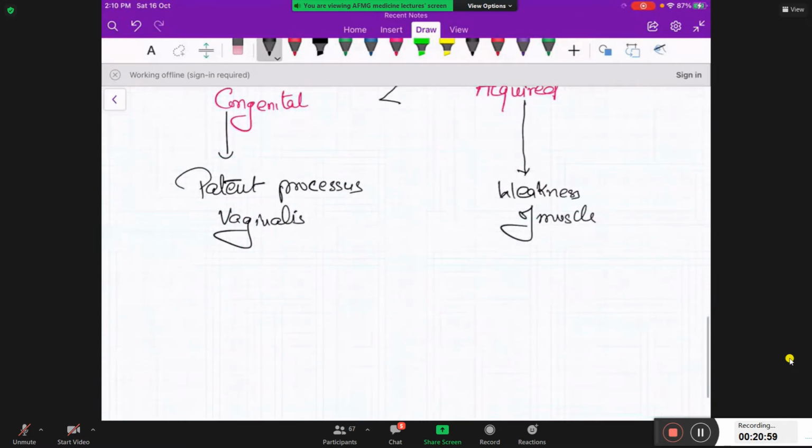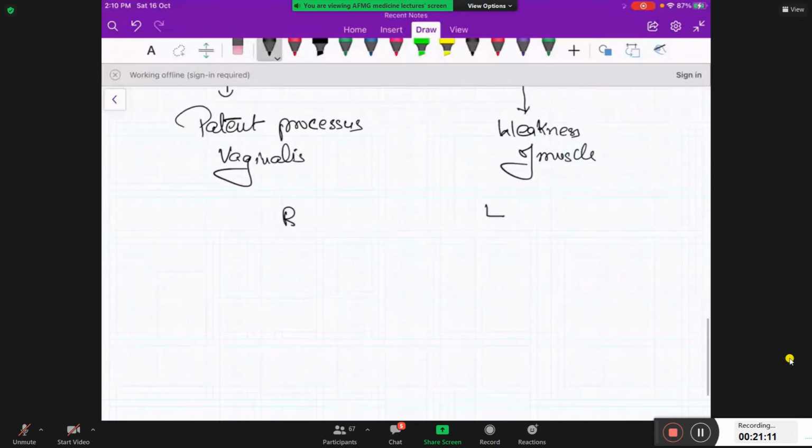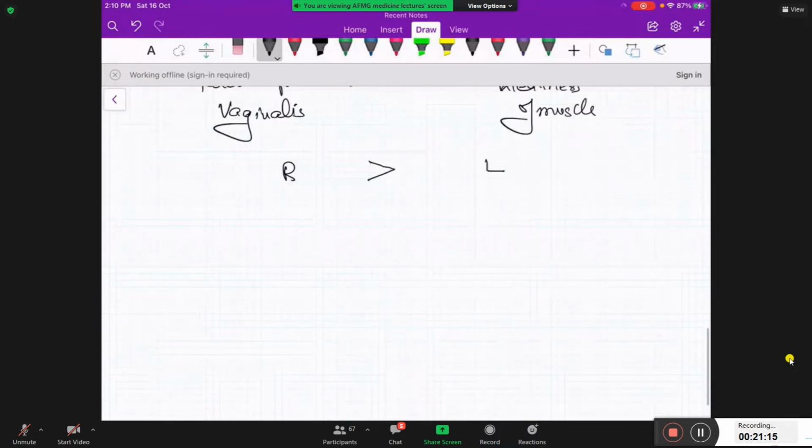Now, inguinal hernia can be on the right side, can be on the left side. Which sided inguinal hernia is more common? Right side.